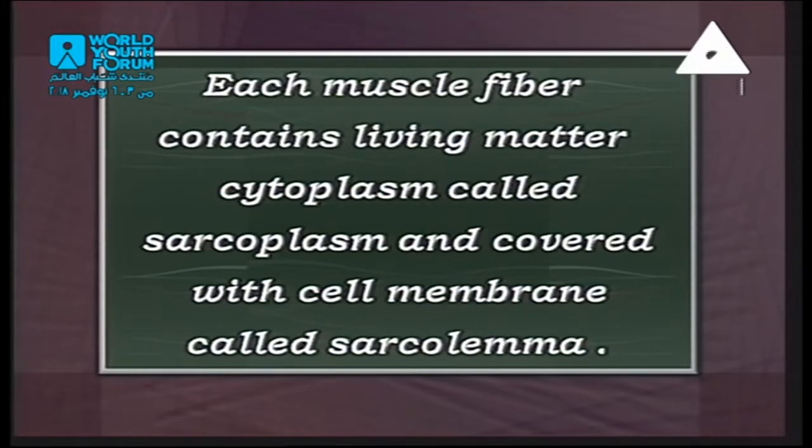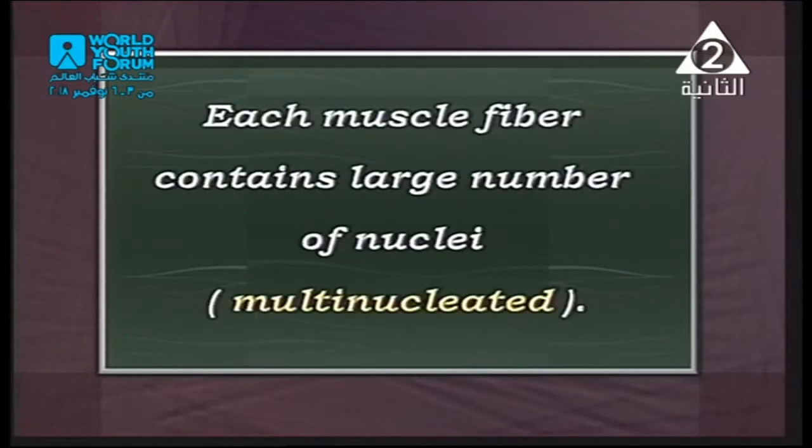And this sarcoplasm is covered by a membrane called sarcolemma. Each muscle fiber contains a large number of nuclei. This means they are multinucleated. It doesn't contain just one nucleus, but a large number of nuclei.